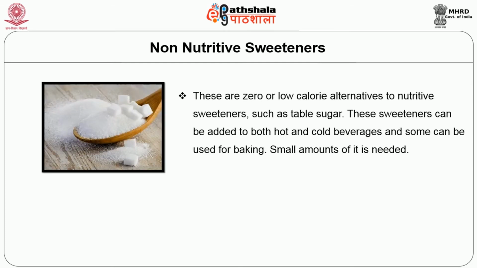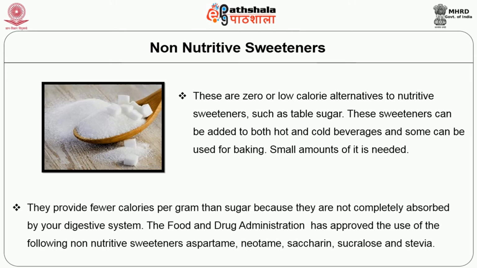Non-nutritive sweeteners are zero or low caloric alternatives to nutritive sweeteners such as the table sugar. These sweeteners can be added to both hot and cold beverages and some can be used for baking too. Non-nutritive sweeteners are much sweeter than sugar, so only small amounts are needed for use.